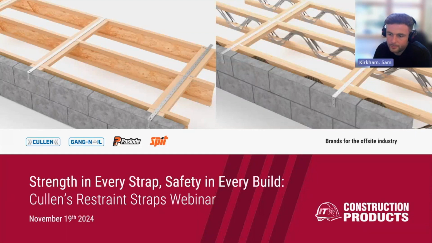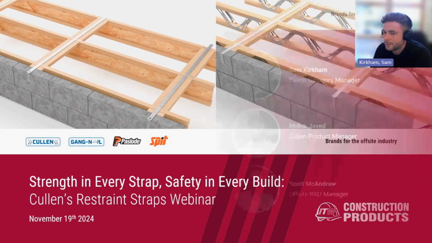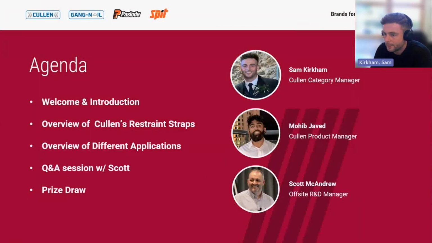So what is the purpose of today's webinar? This webinar is to address knowledge gaps in the market concerning restraint straps. This has been identified through our customer back innovation process. And what we've found is that these gaps span across various stages of the supply chain from design to on-site installation.